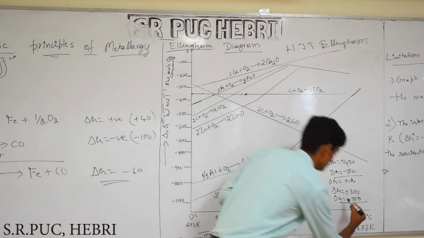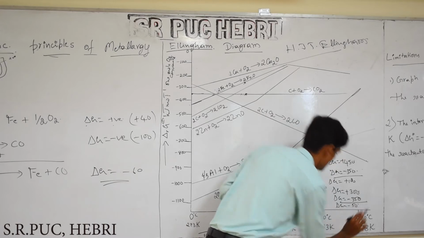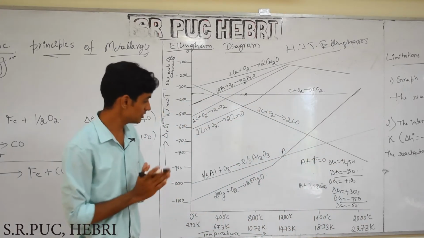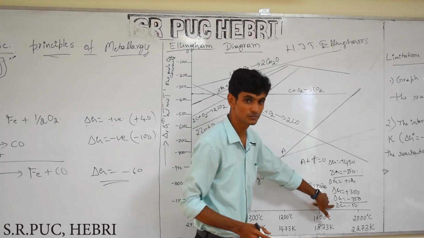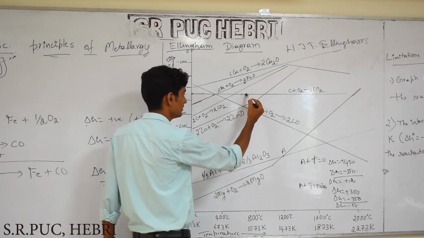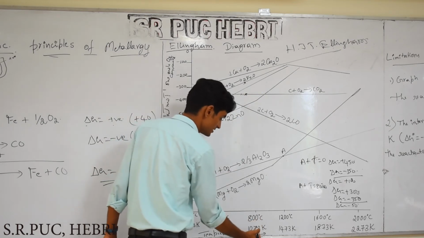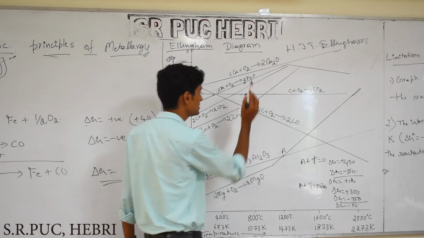Okay, so you will get delta G value of minus 50. So now if you look at this delta G value, this is negative. So if you couple these two reactions at 800 degree Celsius or 1073 Kelvin, this reaction will be feasible.